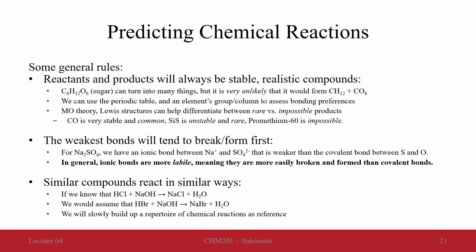And so taking this as a template, we would probably predict that the product of the reaction between HBr and NaOH should be NaBr and H2O, just like we saw for the previous reaction. We will build up a large repertoire of these template reaction examples, getting our first taste of that on Wednesday as we run some of these chemical reactions ourselves.